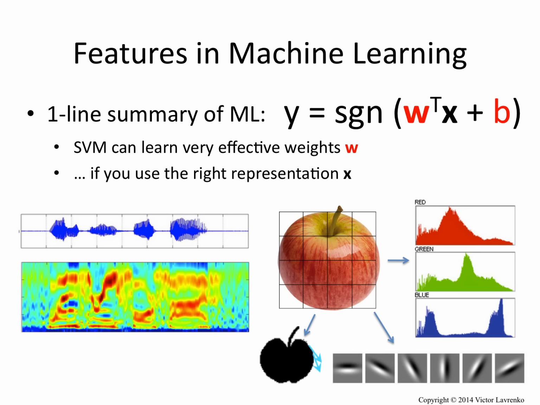Or you could say, well, maybe what are the edge features? So you take a bunch of edge filters, you pass them over every segment of the image, and that gives you a distribution of how many times in that corner of an image did I see a vertical edge or a horizontal edge. And again, you get a histogram of those edge counts, and you can use that as input to your learning algorithm, x.